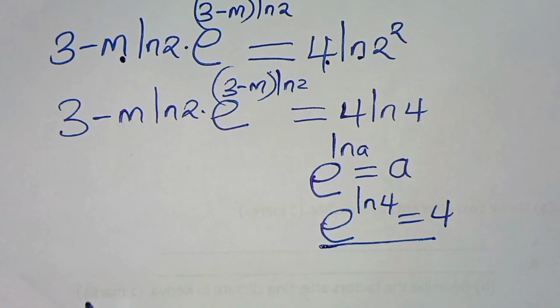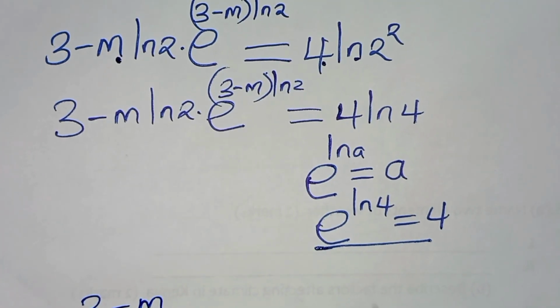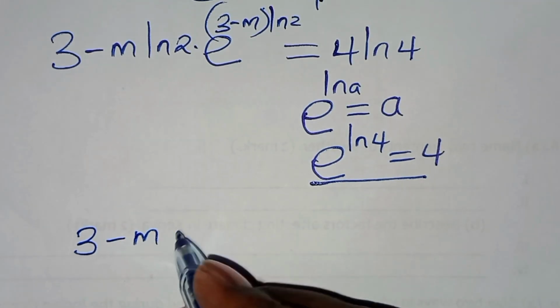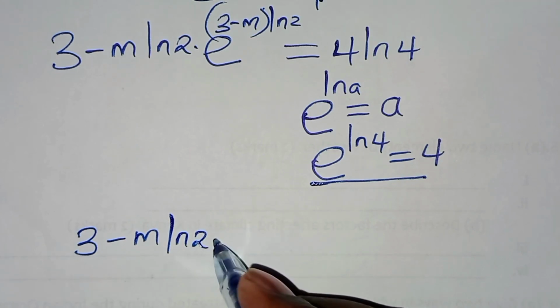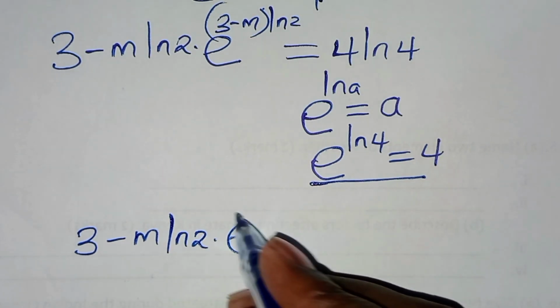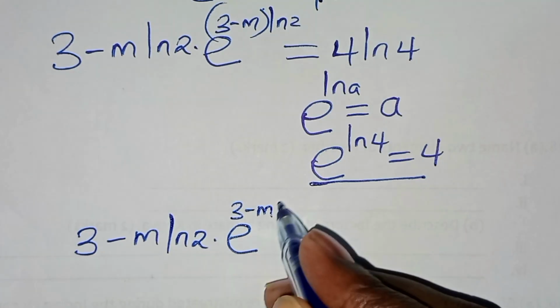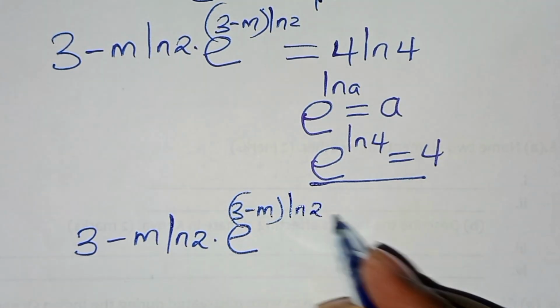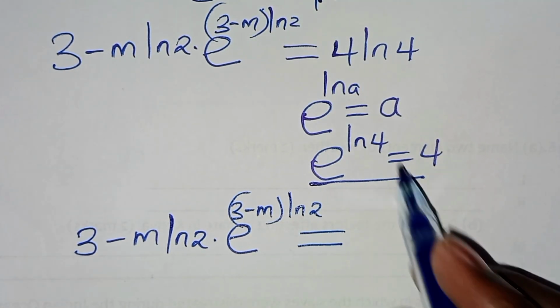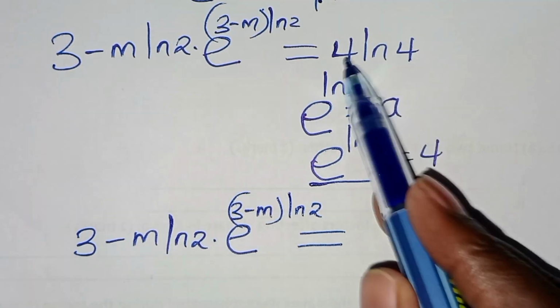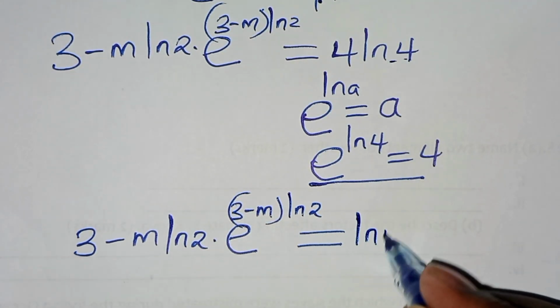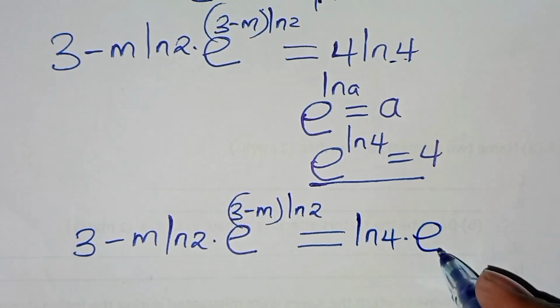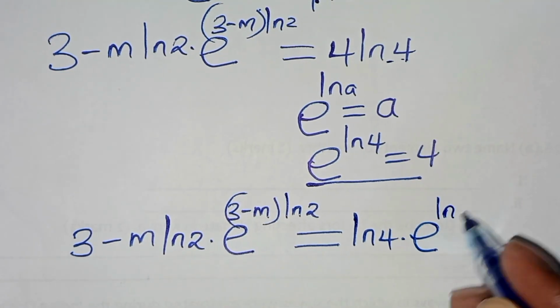On the left hand side we have 3 minus m multiplying by natural log of 2 multiplying by the exponent e raised to power 3 minus m multiplying by natural log of 2. So this is equal to, now here we have natural log of 4 multiplying by e to the power of natural log of 4.